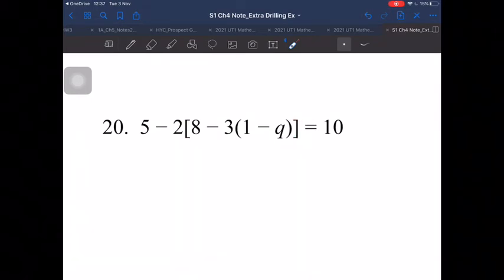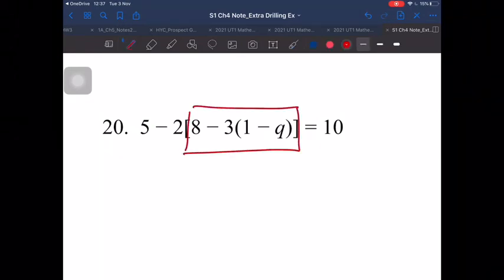Let's see the number inside the box bracket. Inside the box brackets, how many terms are there? There are 2 terms. First term is x, second term is -3 times 1 minus q. So next, we have to simplify only the numbers inside the box brackets first.